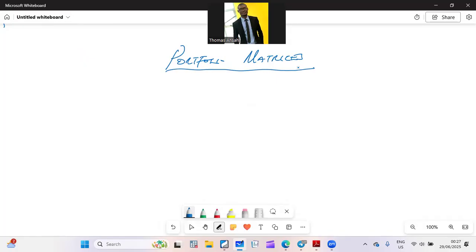So corporate parenting is for multi-business organizations. How you do that: we are going to look at, one, the BCG matrix; two, the GE McKinsey matrix; and lastly, the parenting matrix.